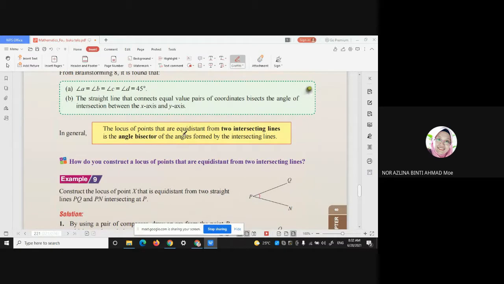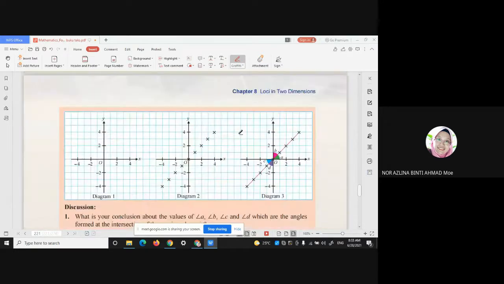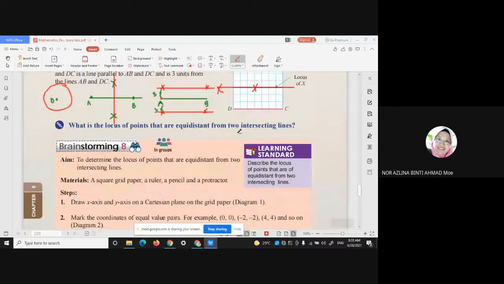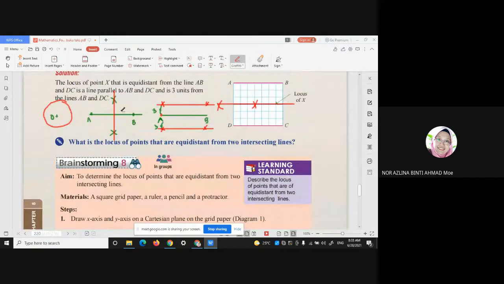The locus of points that are equidistant from two intersecting lines is the angle bisector of the angle formed by the intersecting lines. Just now, this is a perpendicular bisector, because this is 90 degrees.